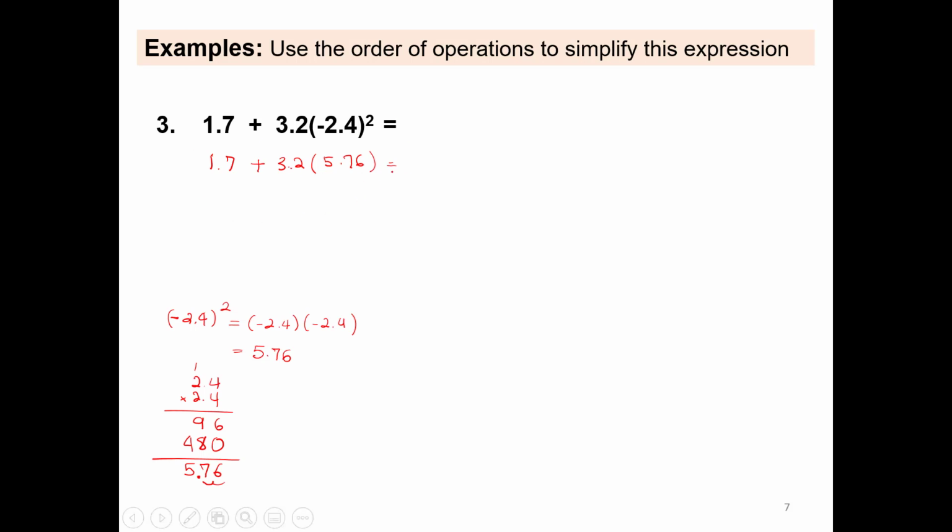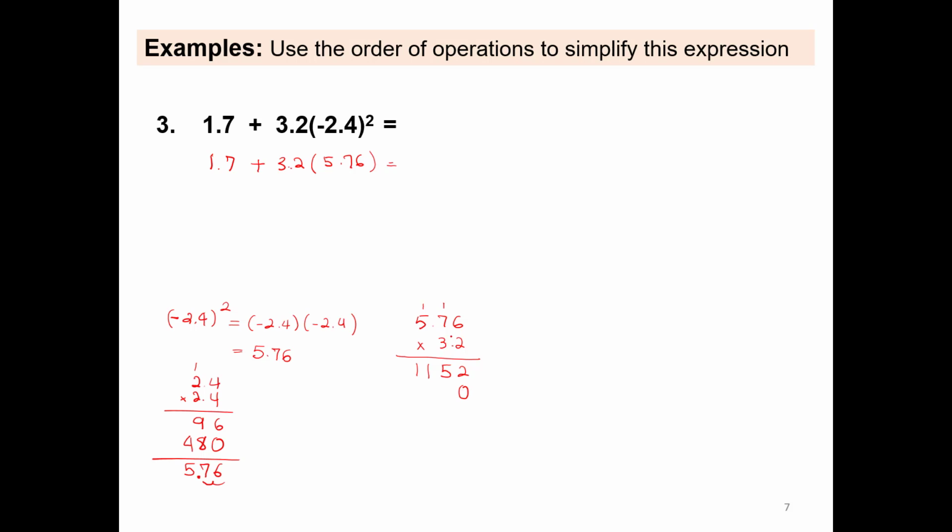Let's multiply 5.76 times 3.2. Then 2 times 6 is 12. 2 times 7 is 14, plus 1 is 15, carry the 1. 2 times 5 is 10, plus 1 is 11.